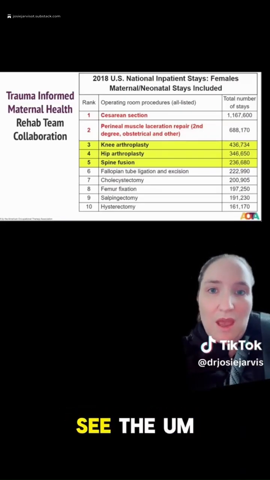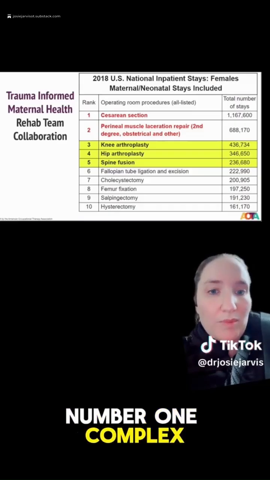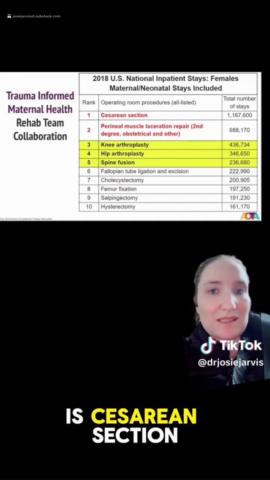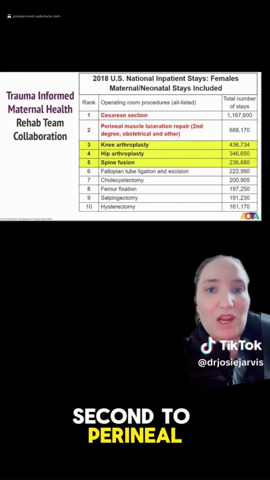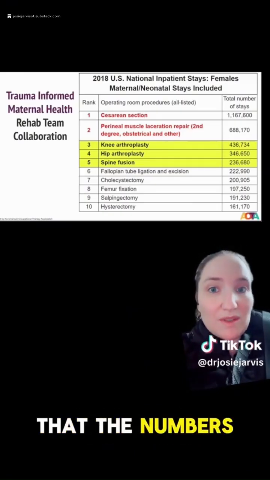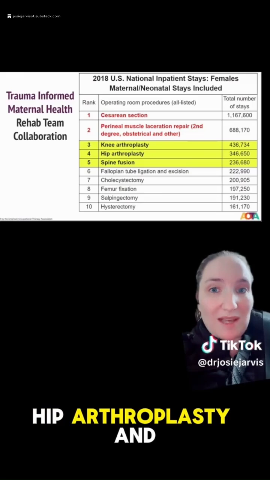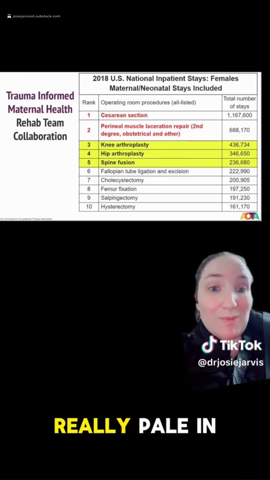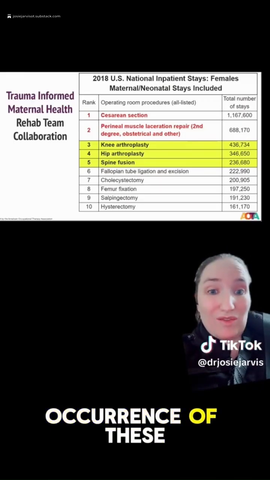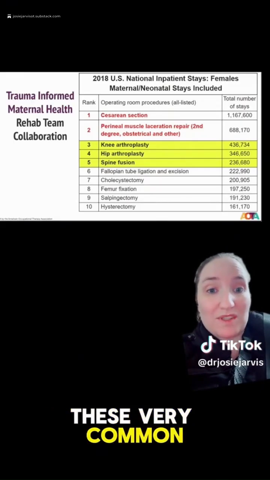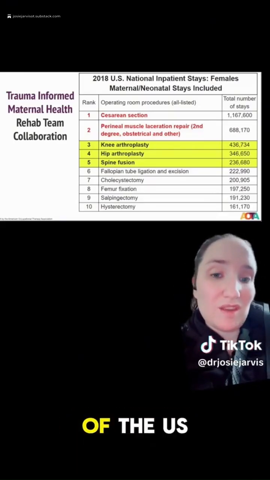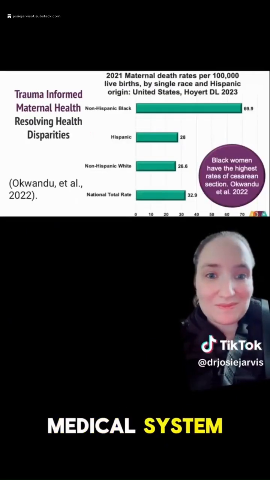As you can see, the number one complex invasive surgery performed in the United States is cesarean section, second to perineal muscle laceration. You can see that the numbers of spinal fusion, hip arthroplasty, and knee replacement really pale in comparison to the occurrence of these very common surgeries in the United States and injury sustained within the context of the US-based medical system.